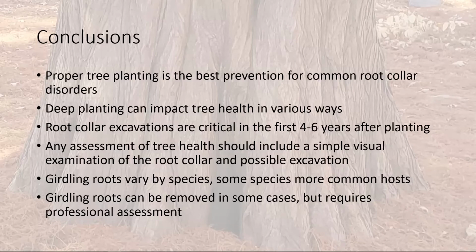And I love the recommendation that, the first 4 to 6 years after planting, if you have a plant that has those issues, that's kind of our window to fix that before those impacts tend to intensify. We've talked about, not only is this important in assessing the root collar zone, but at any tree that has a health issue that we're addressing, let's look at that first as one of the potential causes or a combination of things.